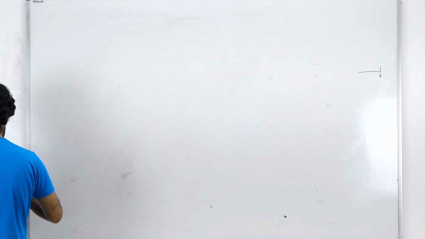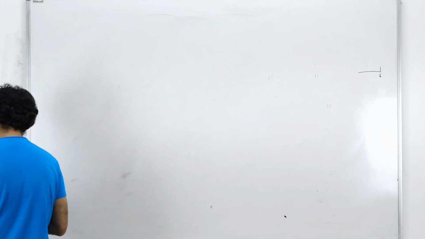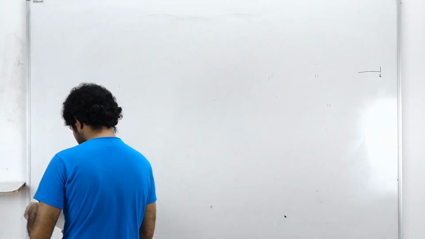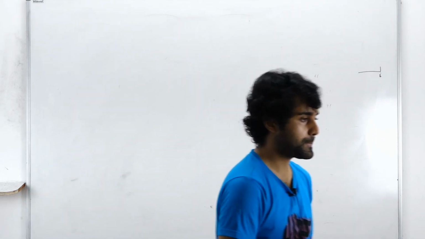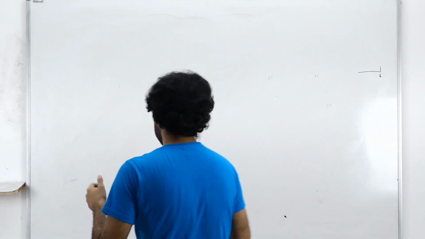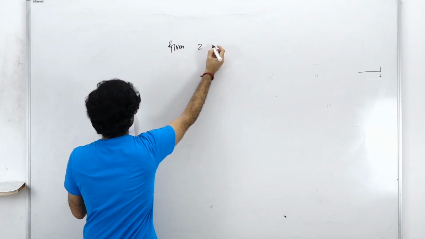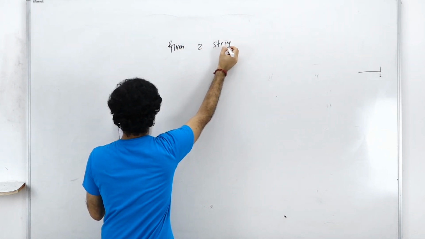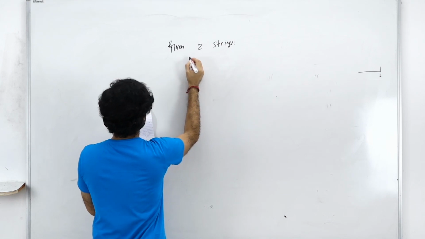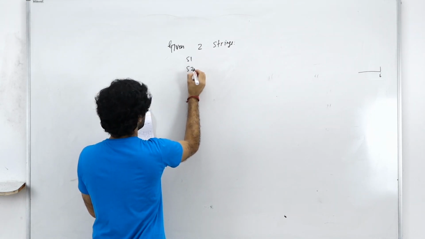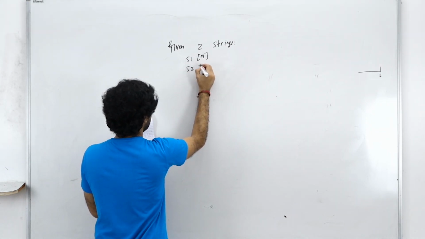So let me tell you the problem statement. The problem says that I have been given two strings, S1 and S2, of size m and n.